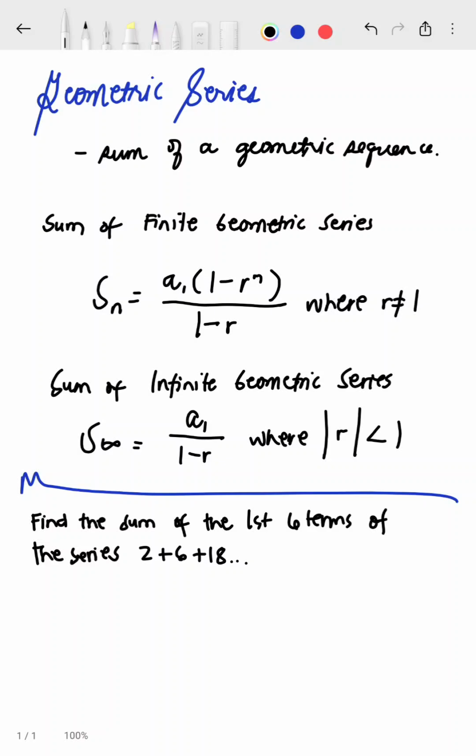So we need to know, are 2, 6, and 18 a geometric sequence? Yes, because they have a common ratio. Right? So we need to identify the values given.